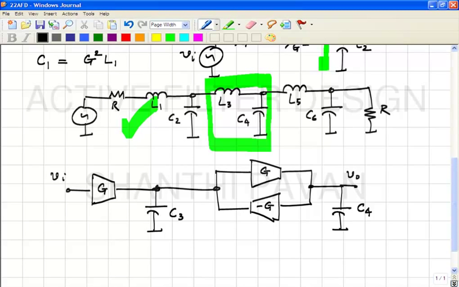All right. And what is the voltage across C3 representative of? It is the current through inductor L3, IL3, divided by G. Everybody is clear about this?